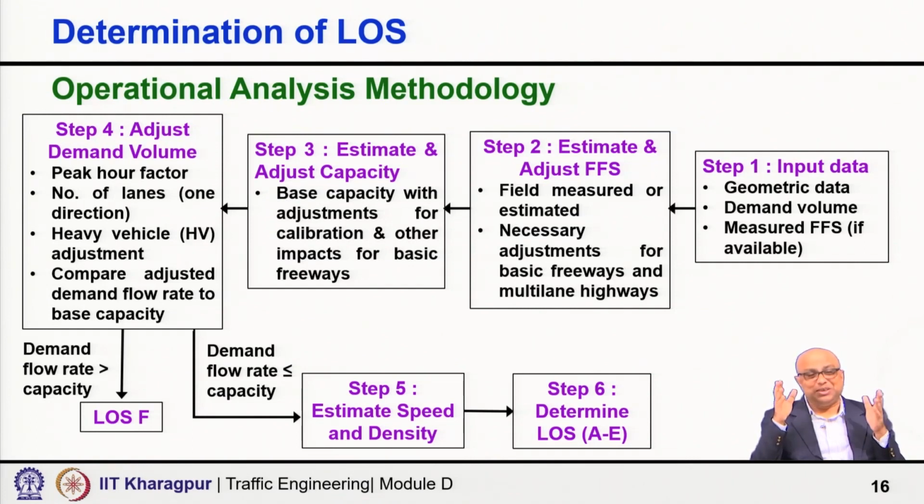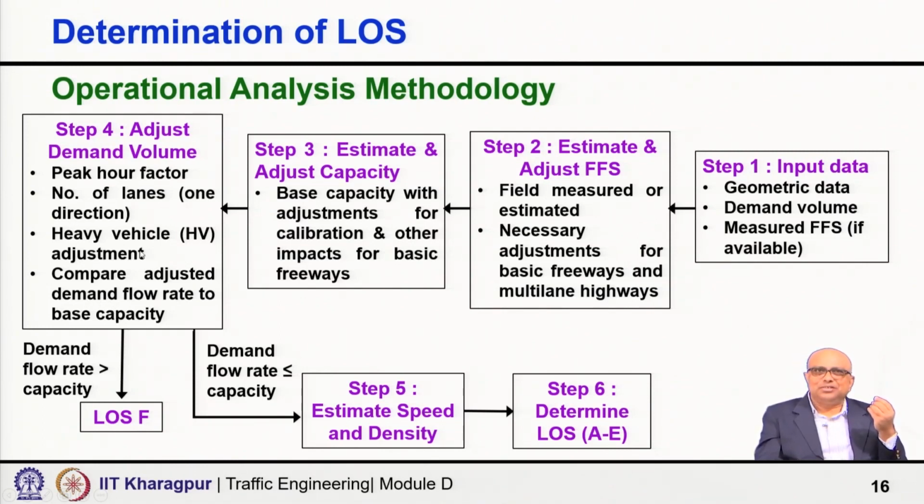What is given in the table is the base condition, but the traffic volume also has to be adjusted, because heavy vehicle presence is assumed to be 0 under base condition. Here heavy vehicles may be there. The peak hour factor needs to be considered. So we need to adjust volume to account for peak hour factor, the number of lanes in one direction, and the presence of heavy vehicles, and therefore compare the adjusted demand flow rate to base capacity.